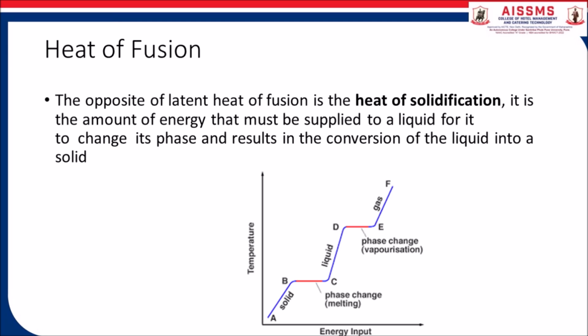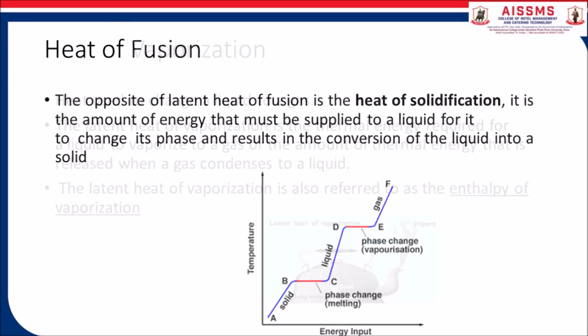The temperature at which a substance undergoes the phase transition is called the melting point of the substance. This temperature can be referred to as the freezing point of the substance when the heat of solidification is being transferred.